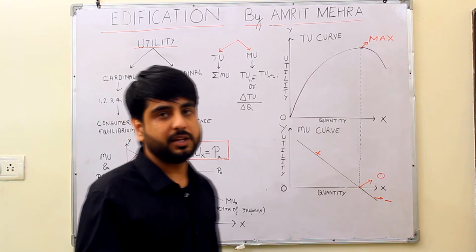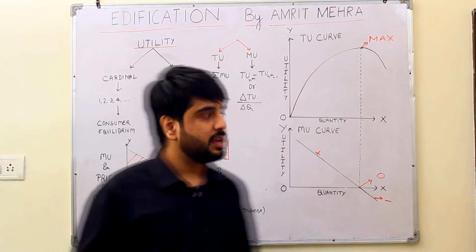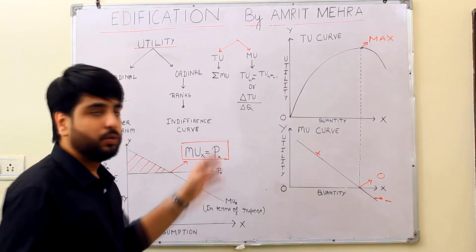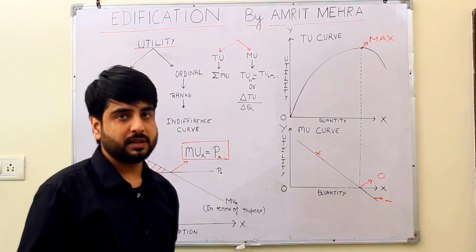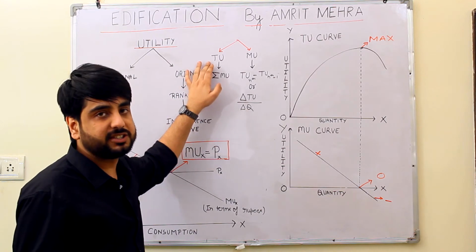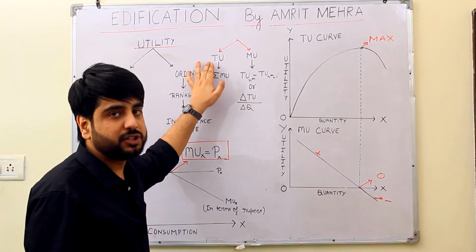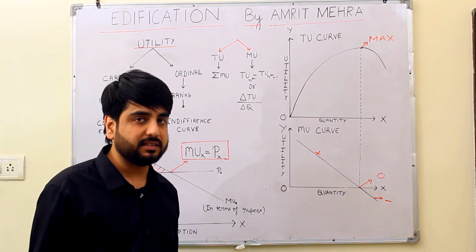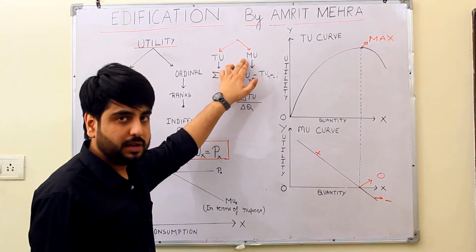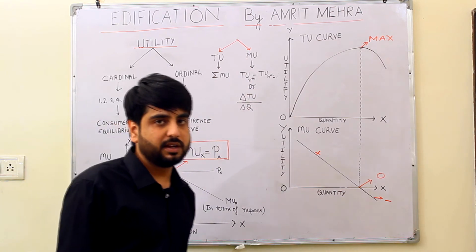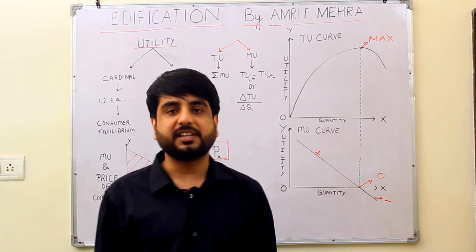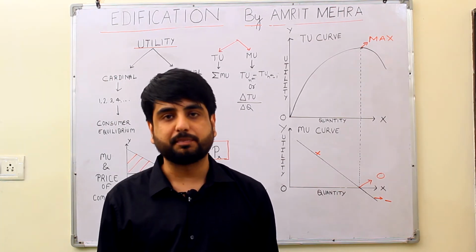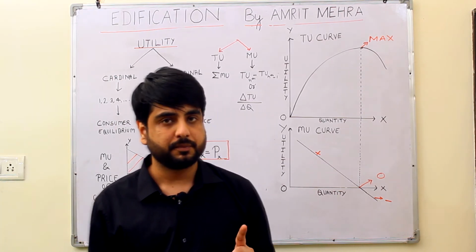The main terms that you should be accustomed with are TU and MU. TU refers to total utility. TU is the total satisfaction that you derive from the consumption of all the units of a commodity. Whereas MU is marginal utility. It refers to the additional satisfaction that you get from increasing the consumption by one more unit.